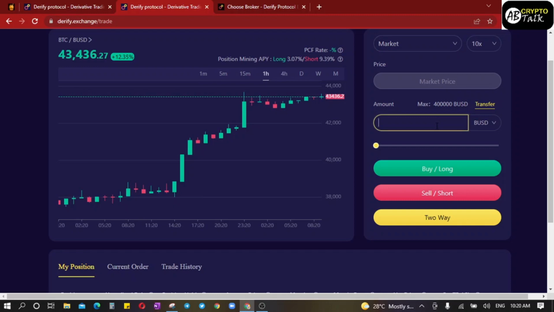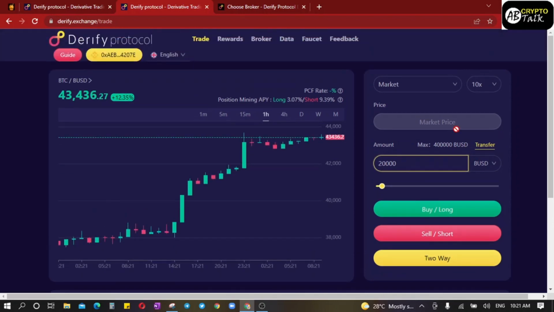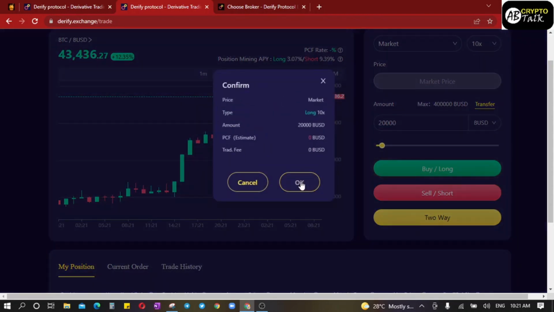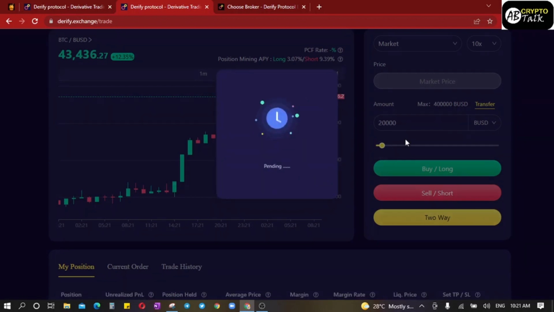So let's say we want to buy Bitcoin worth 20,000, and we want to go long. We can just use the market buy to go long. You can see the amount, you can see the trade fee. Okay, so let's go long.